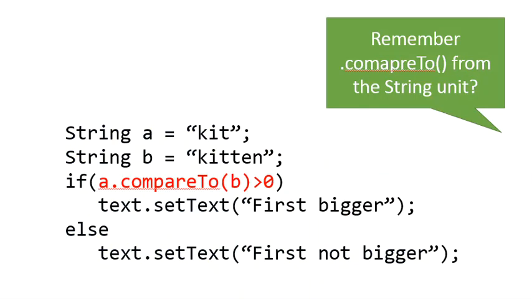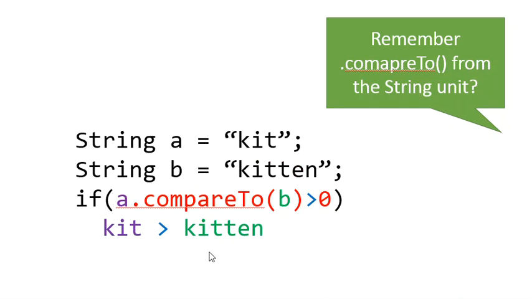Okay, let's take a look at CompareTo. If you'll remember, CompareTo is a bit more complicated, and I didn't go hardcore into this, but I urged you to write it out like this: you had the thing that was calling it, kit, and then you put the sign in, and then kitten, and you determined if it was true or false.